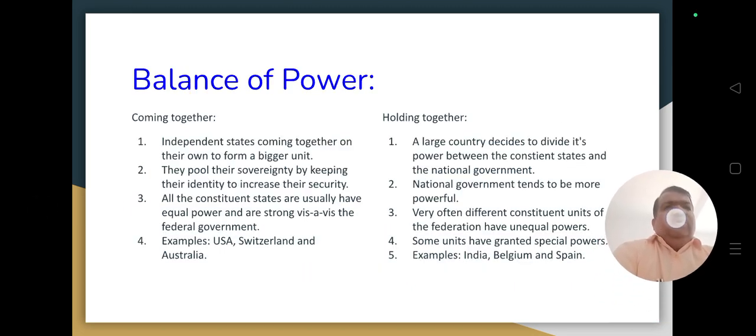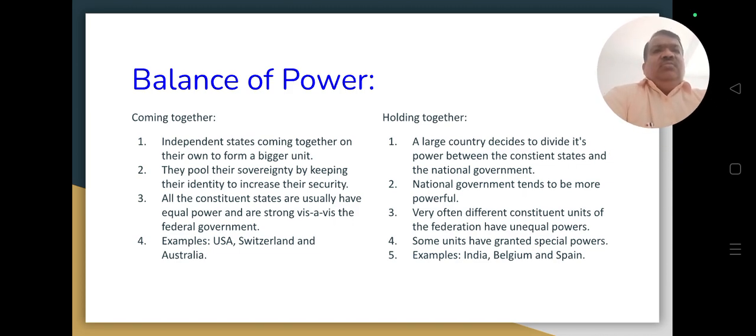And then we need to understand the balance of power between the central and state governments. In these two kinds of federations we can find: one is coming together, the other one is holding together. In coming together, independent states come together on their own to form a larger unit.